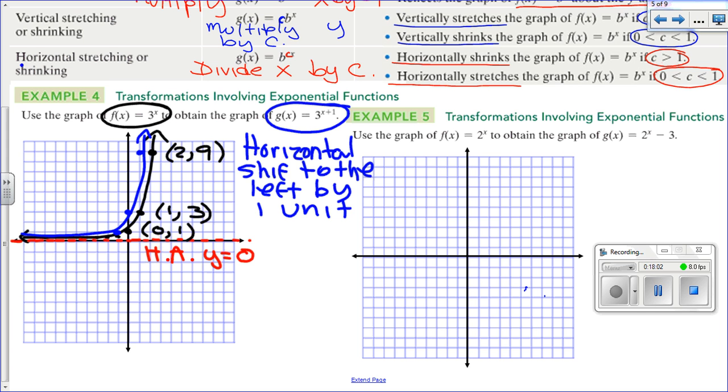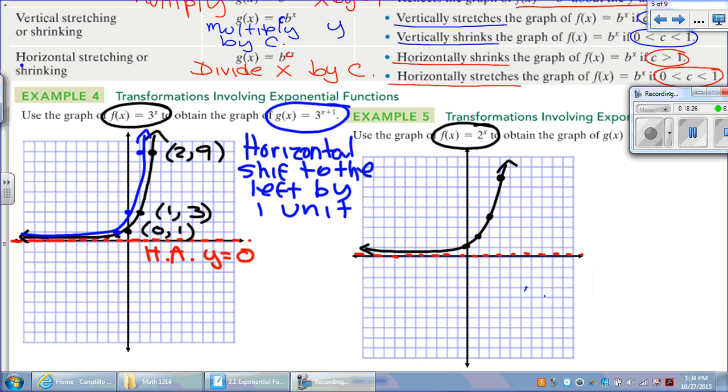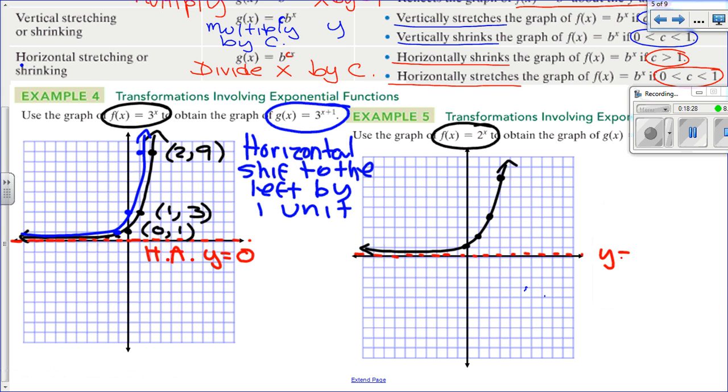All right, now let's graph the next one. So the parent function will be 2 to the power x. Let's not forget about that horizontal asymptote, which will be the line y equals 0.